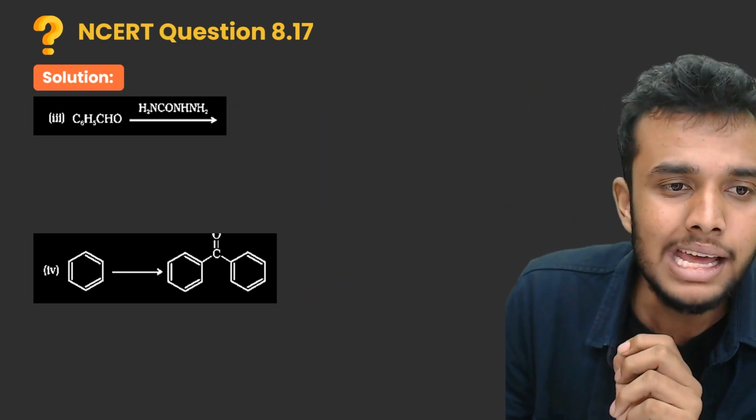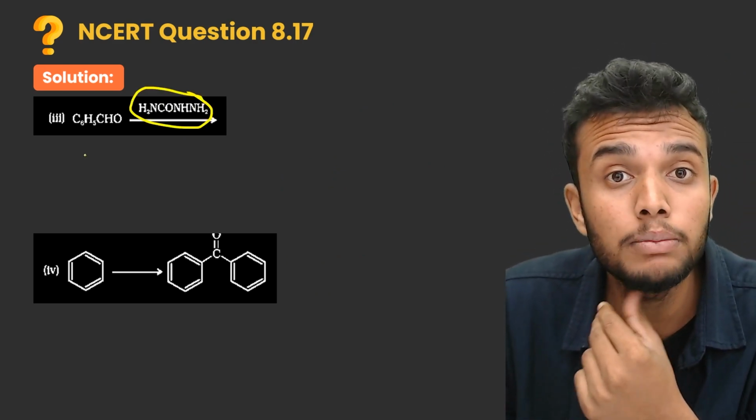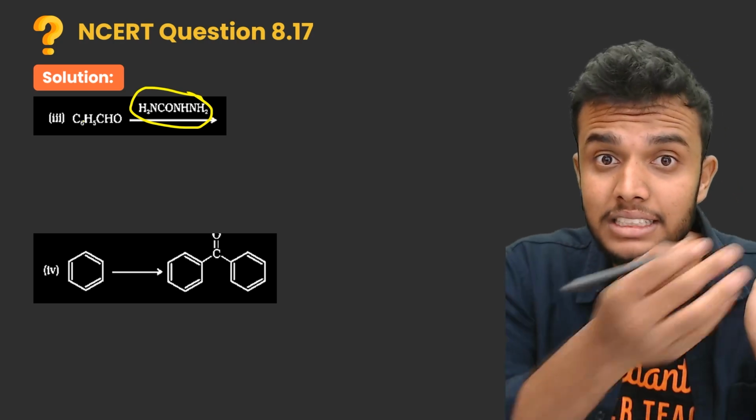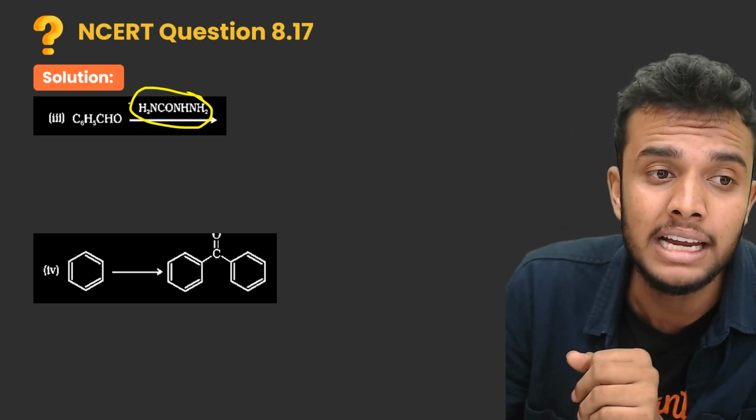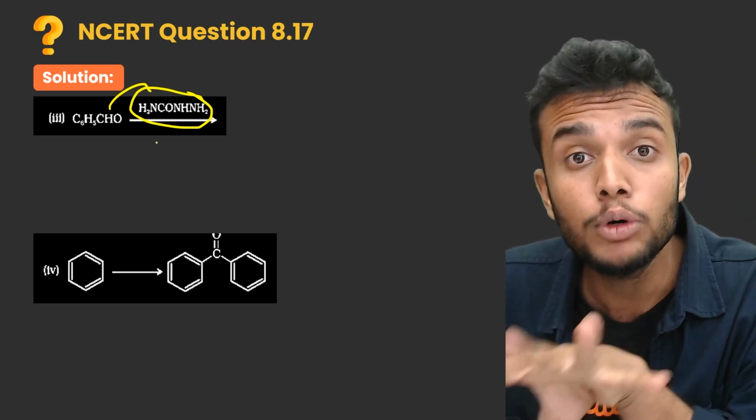Here NH2CONH2 is there. It is semicarbazide. We already discussed it in the previous exercise, students. An aldehyde reacted with semicarbazide yields a semicarbazone compound.